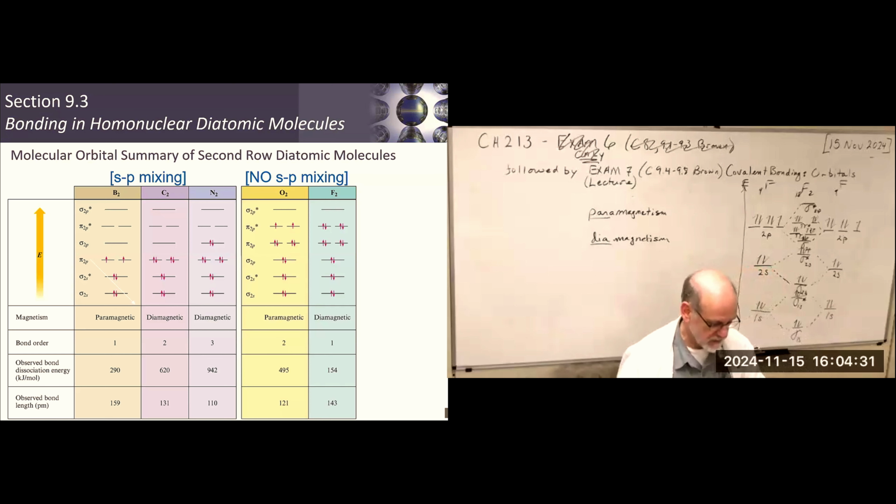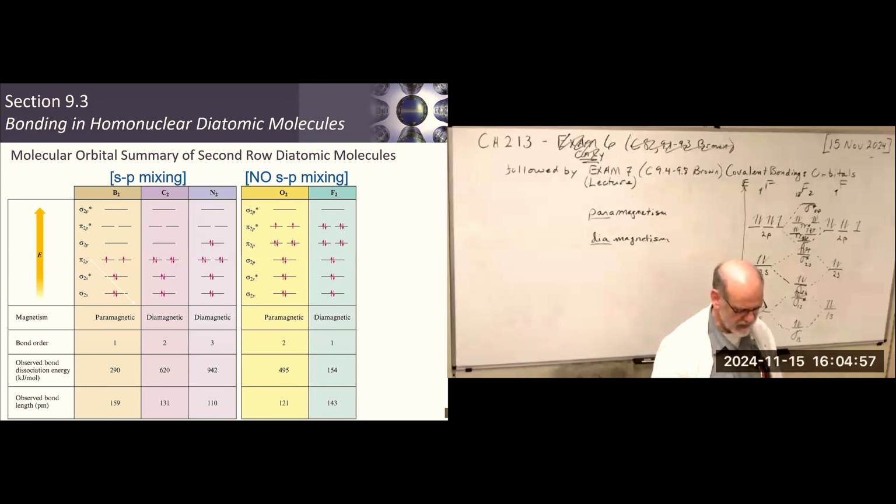And then nitrogen, carbon, and boron to the left are also populated with their electrons. So this way you can tell from the pairing and unpairing of electrons which ones are paramagnetic and which ones are diamagnetic. And they're also identified in the diagram as one or the other.